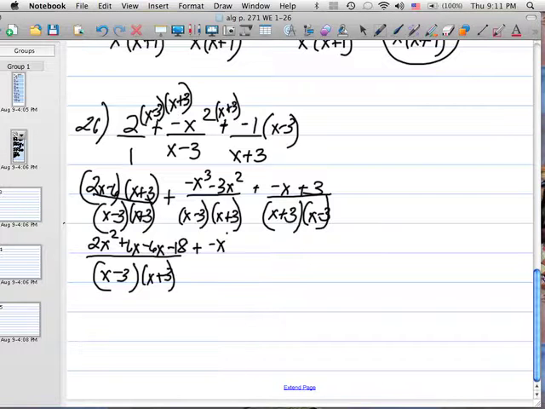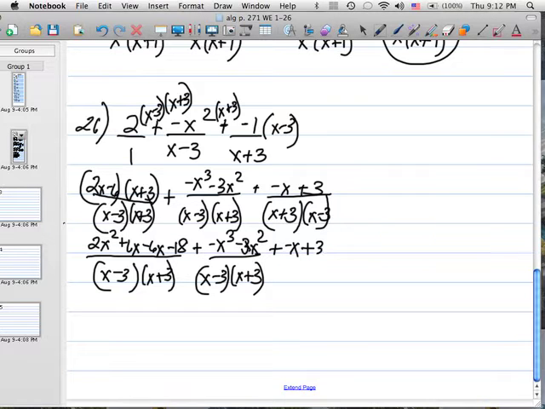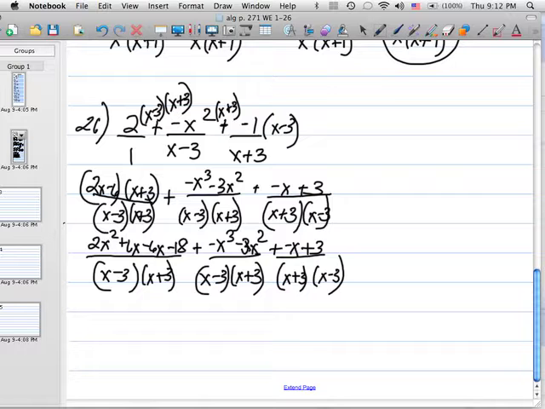And now we can collect like terms, since they all have the same denominator. So the 2x squared and the negative 3x squared leaves us a negative x squared.